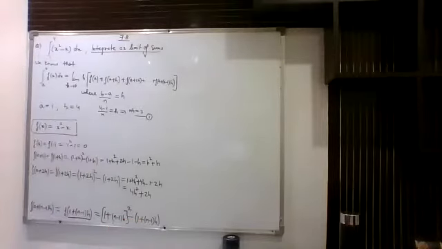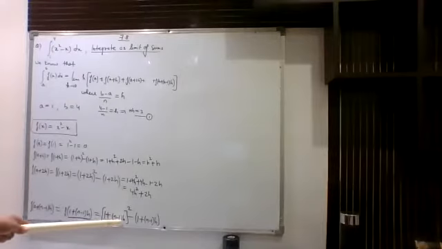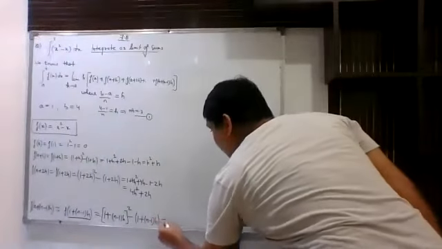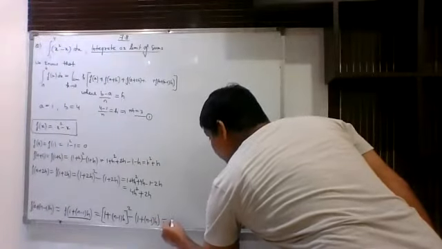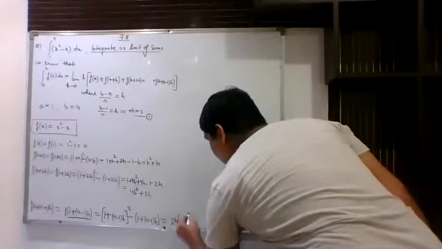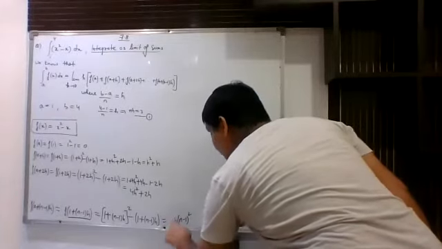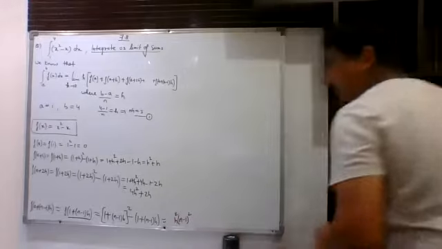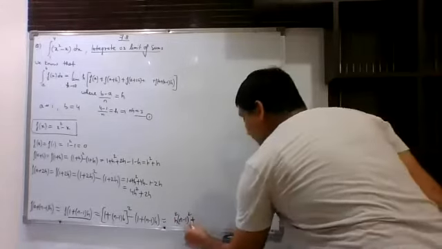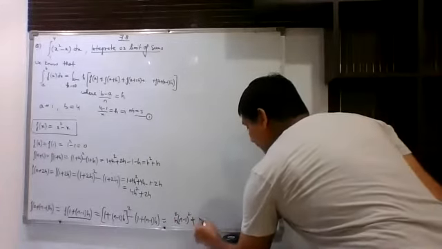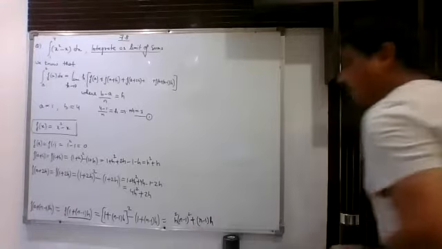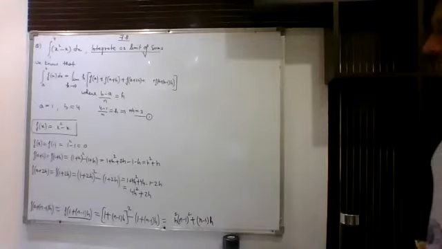After calculations, and I had told you never open this bracket (n minus 1) into h, don't expand this further. So after calculations, you will get h square into (n minus 1) square plus (n minus 1) into h. This is what you will get.